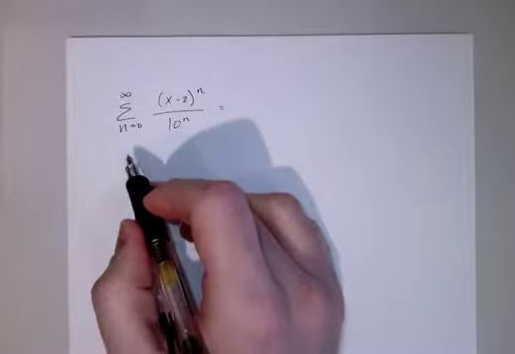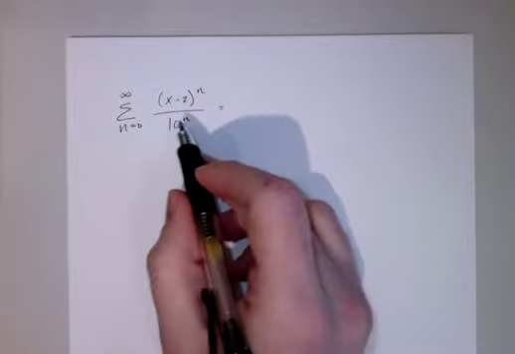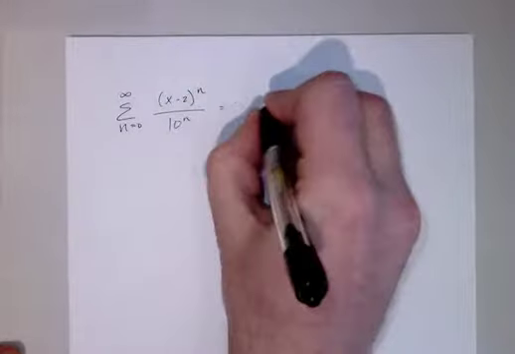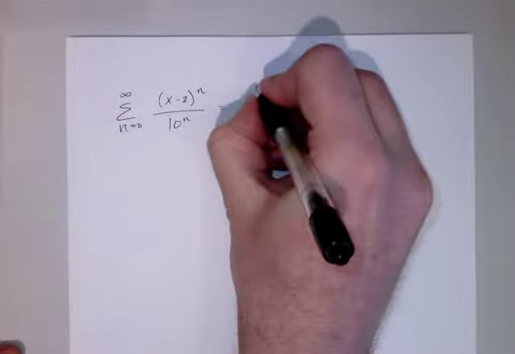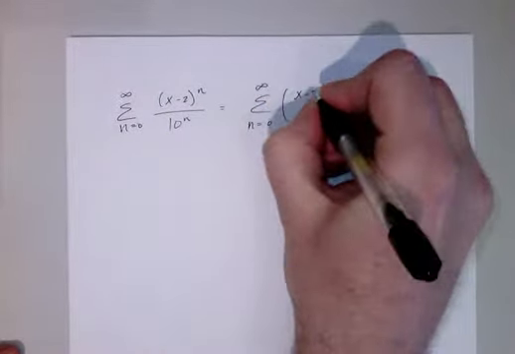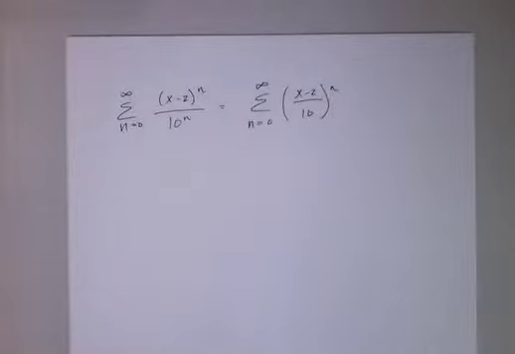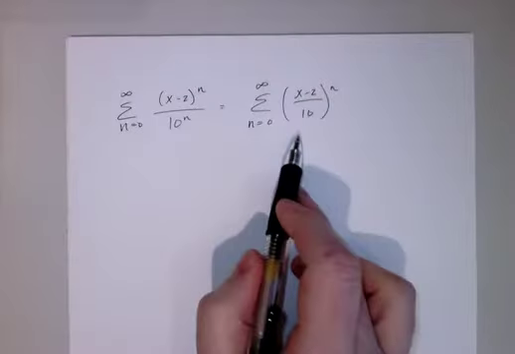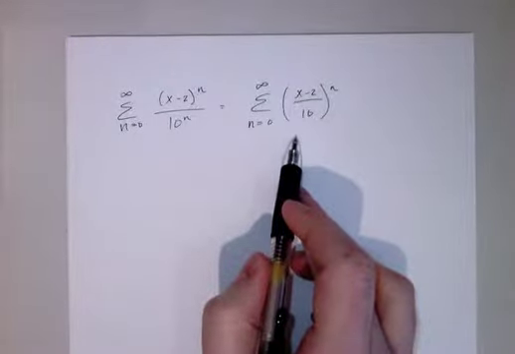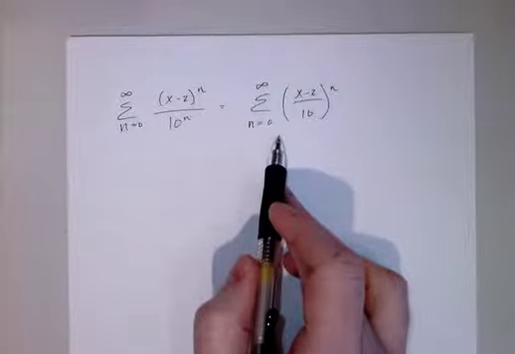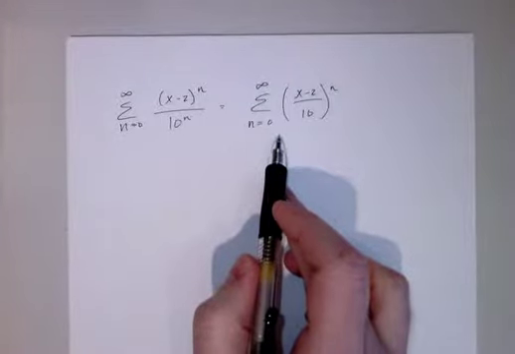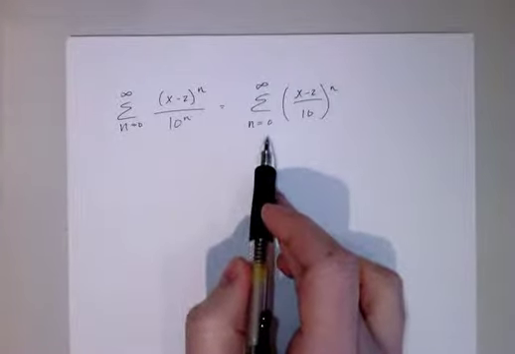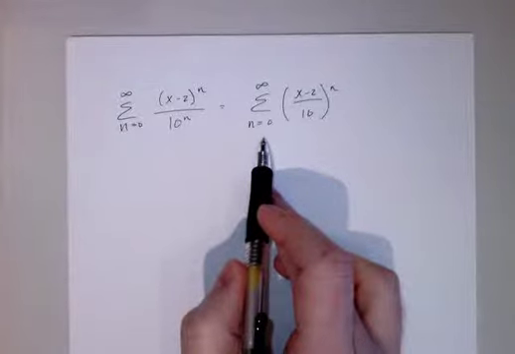You plug in n is equal to 1, because since the n's are the same, this actually can wind up being that, right? So n is equal to 0, n is equal to 1, n is equal to 2, n is equal to 3. Now, what we want to know is, okay, if this is a power series, this is the sigma representation of a power series, where does it converge for the function that it represents?